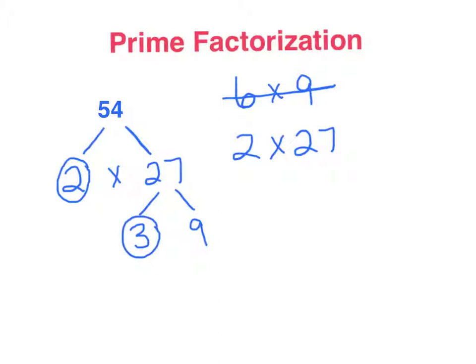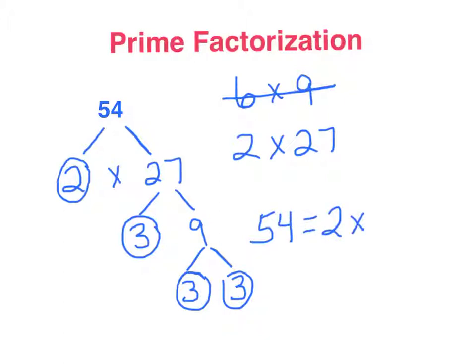The 9, of course, is not a prime number because it factors into 3 and 3. Each of those are prime numbers, and so we circle them. And you'll see that it doesn't matter that we started with different factors. We still get 2 times 3 times 3 times 3, or 2 times 3 cubed.